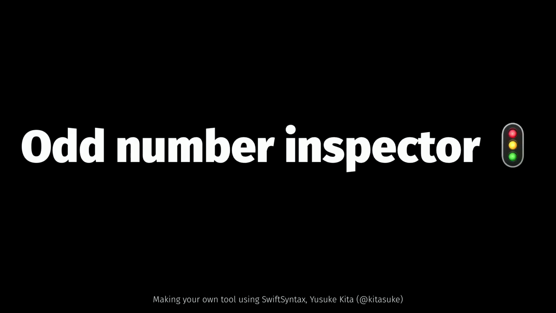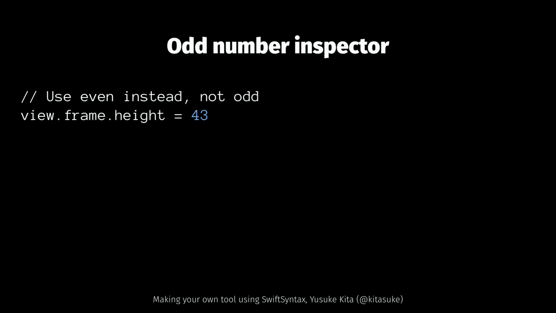First one is the odd number inspector. Both of my tools are not really useful in actual projects, so this is just an example. This tool is a super lightweight linter. It tells you to use an even number instead of an odd number for UI code, because sometimes a designer is yelling, hey, this is an odd number!